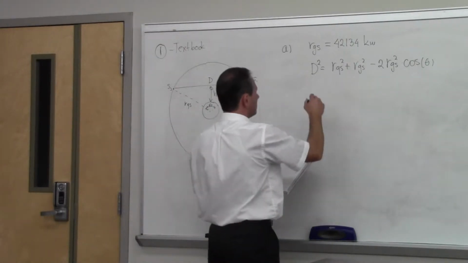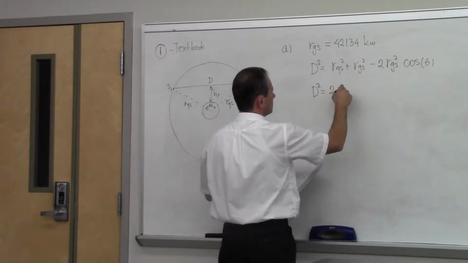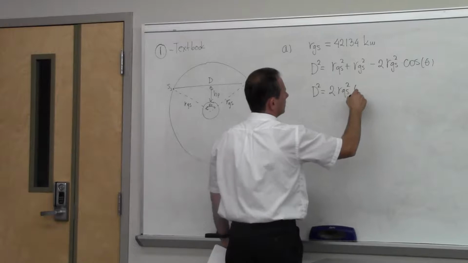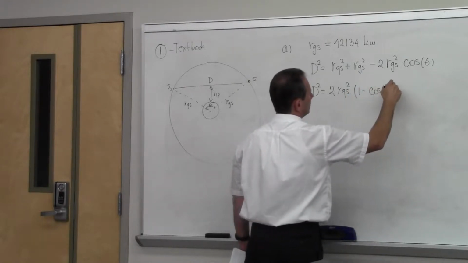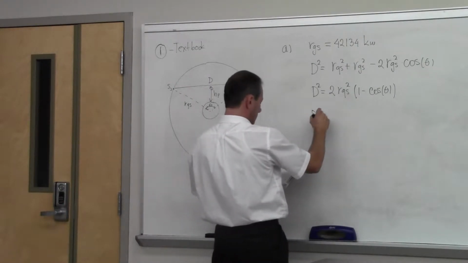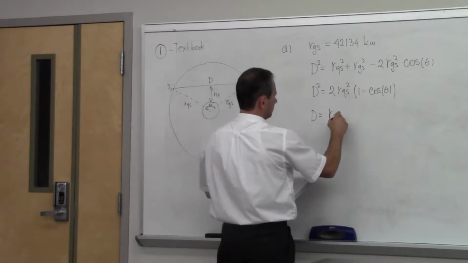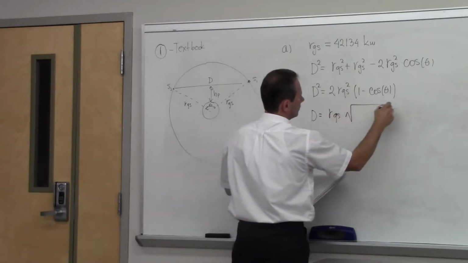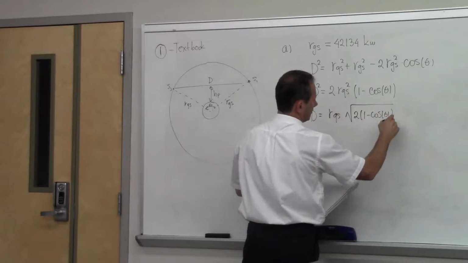From here, d squared is equal to R_GS squared times (1 minus cosine of theta), and therefore d is equal to R_GS times the square root of 2 times (1 minus cosine of theta).